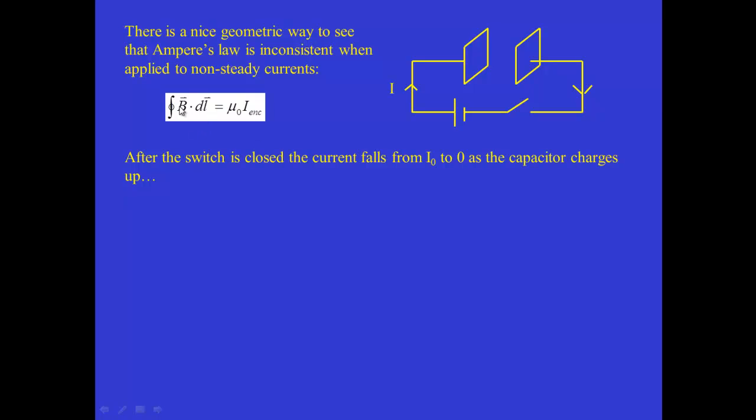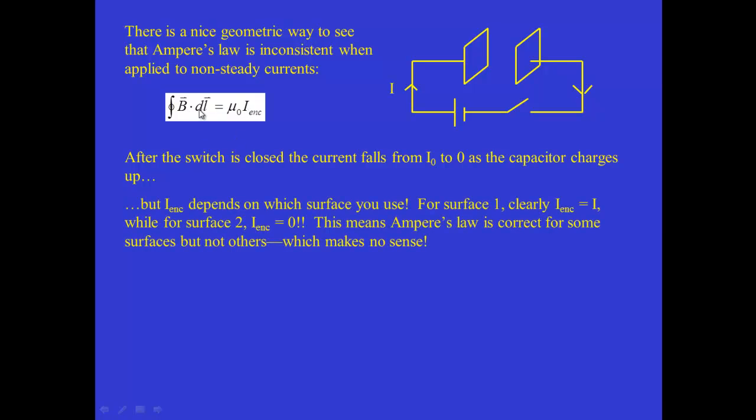The integral around a closed loop of B dot dl should be mu naught times I enclosed, but here's the problem. I enclosed depends on which surface you use. For example, if I make a surface that's a planar circle that cuts through the wire on the outside of the capacitor, we'll call that surface 1, bounded by loop 1.